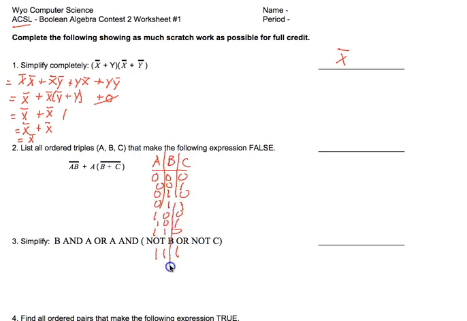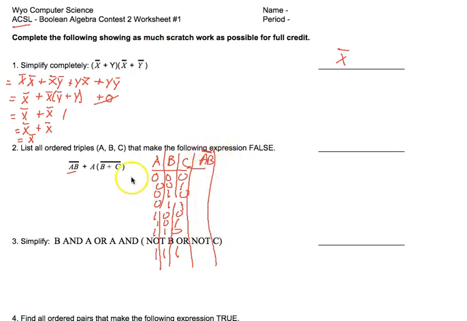I'm being really sloppy here, but first consider all 3 being false. And this is a messy expression, so I'm going to break it up into little parts. I'm just going to choose to take this part and rewrite it right here.